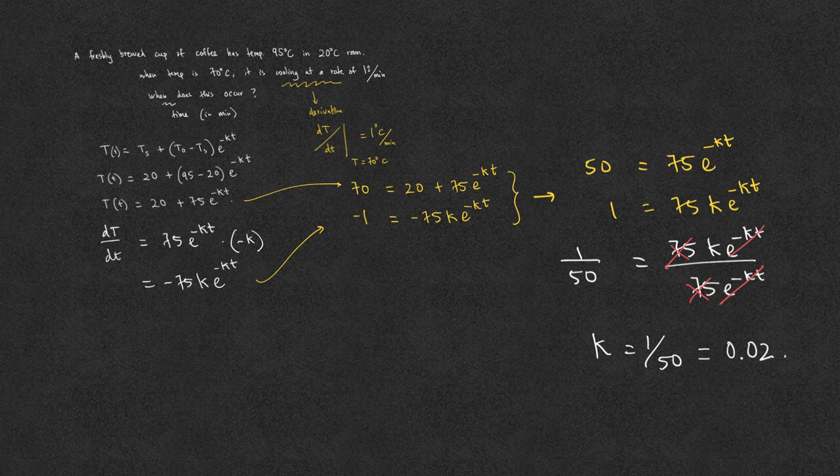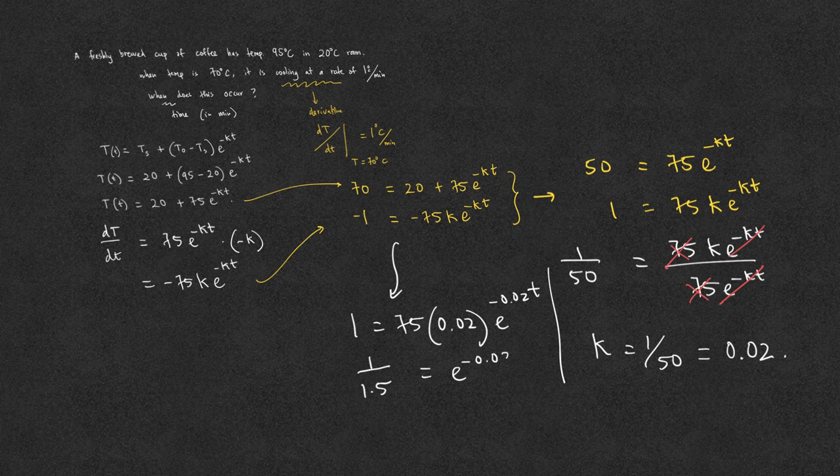Once we found k, we have 1 equals 75 times 0.02 times e to the negative 0.02t, and that is where we will find our t. This is 1 over 1.5, because 75 times 0.02 is 1.5, equals e to the negative 0.02t. We take ln of both sides of the equation: ln of 1 over 1.5 equals ln of e to the negative 0.02t.